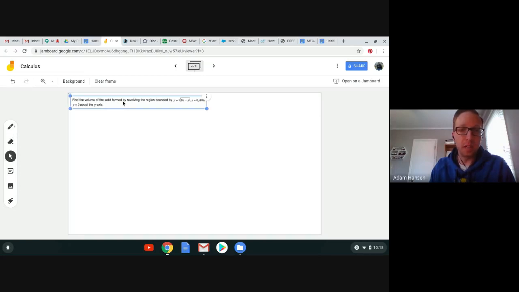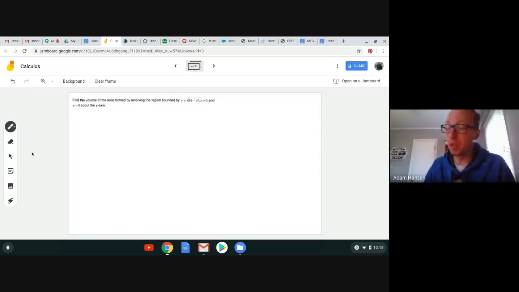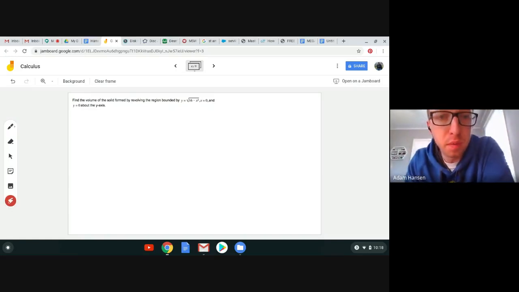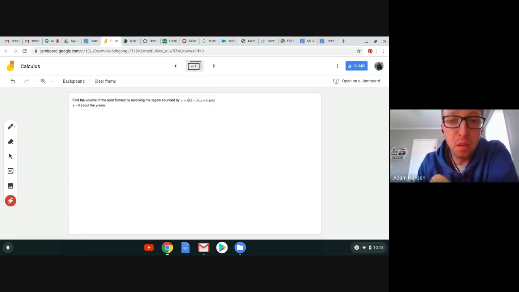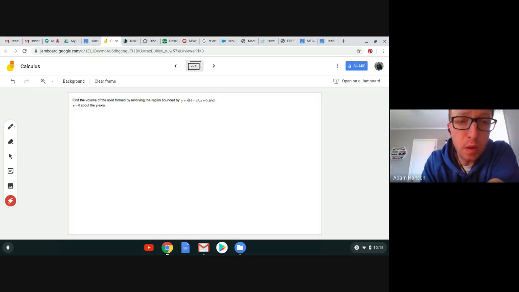Another question on finding the volume of solid of revolution. It's a little bit different setup. It says find the volume of the solid formed by revolving the region bounded by y equals the square root of 16 minus x squared, x equals 0, and y equals 0 about the y-axis.